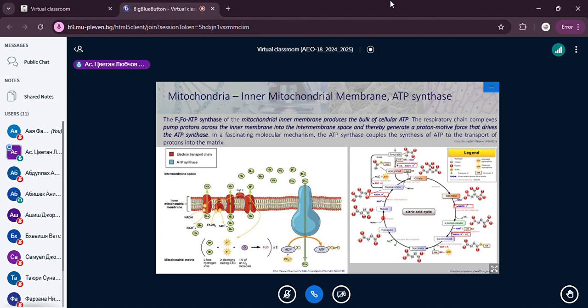Then the protons located in the intermembrane space, because their gradient is higher than inside the matrix, guys, try to go back in and balance it out, and they go through a structure which we call ATP synthase, which mediates the transition of the 2 molecules of protons to link them to the oxygen, and then formation of water can occur.